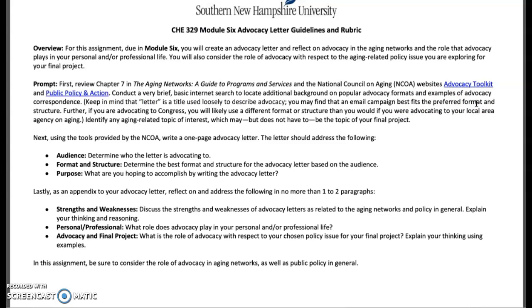For example, the American Cancer Society Cancer Action Network often uses email advocacy letters to engage policymakers in discussions around improving quality of life for cancer patients and their family caregivers. So that's an email campaign that you can use as a format as well.